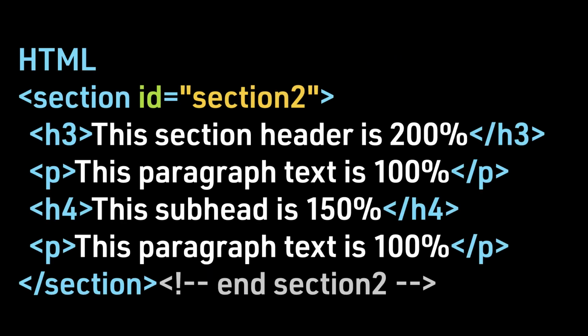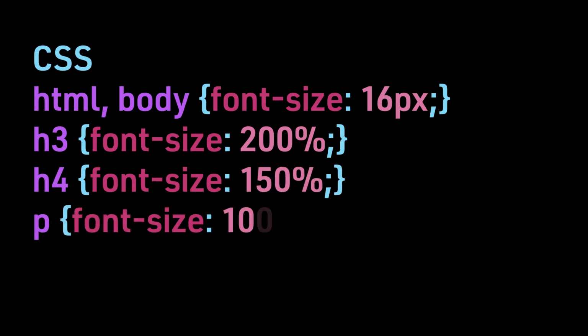In our HTML, we have a section with an ID of section 2. It has both an H3 and H4 heading and paragraph text. The H3 heading is 200%, the paragraph text is 100%, and the subhead, or H4 heading, is 150%. In our CSS, the HTML and body are set to a font size of 16 pixels.